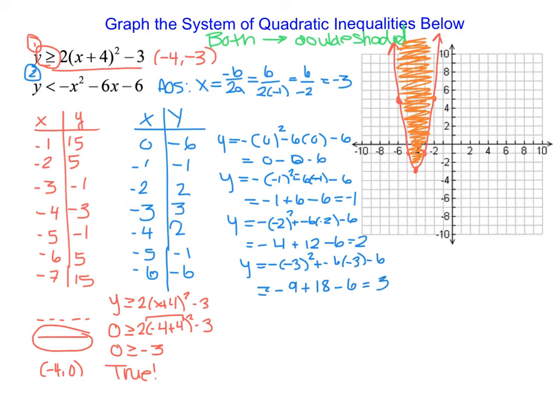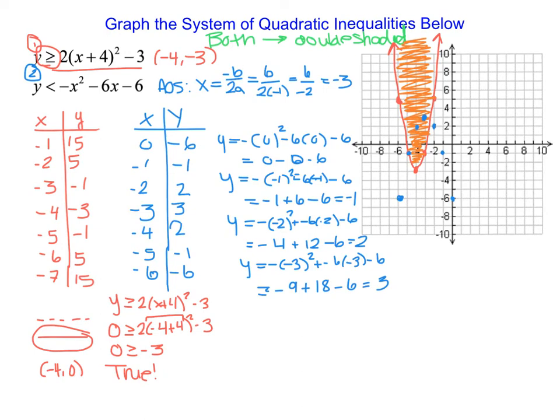So now I can plot these points. So I go to x is negative 3, y is 1, 2, 3. I then go to negative 4, 2, and negative 2, 2, negative 5, negative 1, negative 1, negative 1, and then 0, negative 6, and negative 6, negative 6.